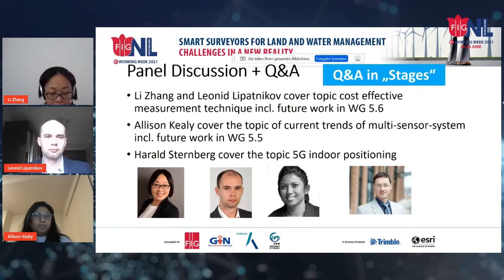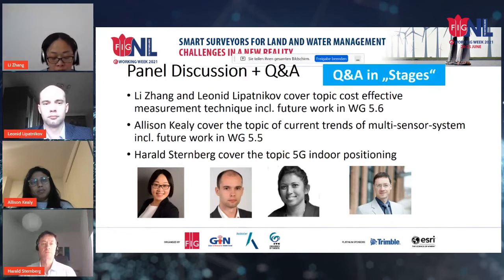Alison's current interests include wireless sensor networks, sensor fusion and estimation theory, high precision GNSS, collaborative positioning for intelligent transportation systems, and GNSS quality assessment. So here you can see she has very broad research views and is very active in different international organizations and journals. Then I want to introduce Harald Sternberg.